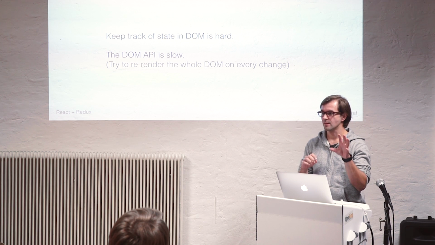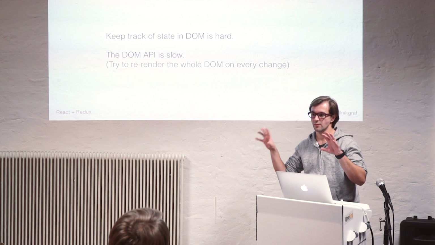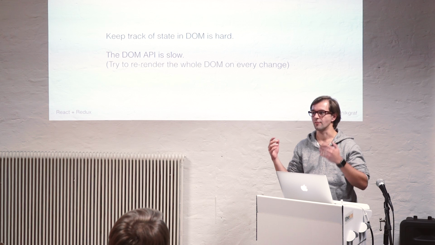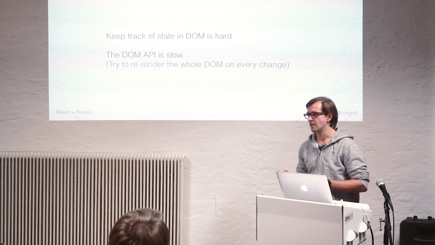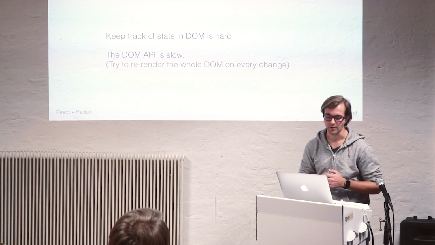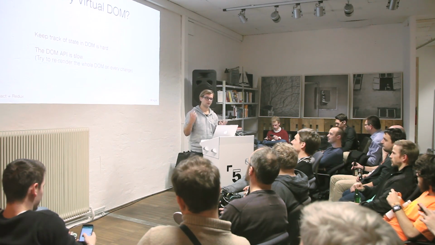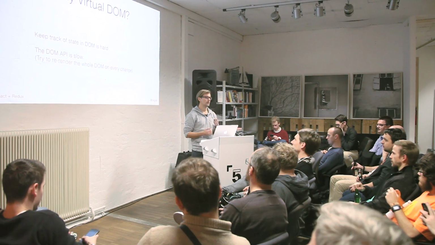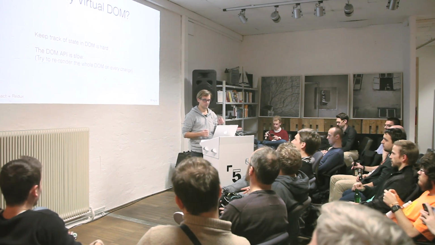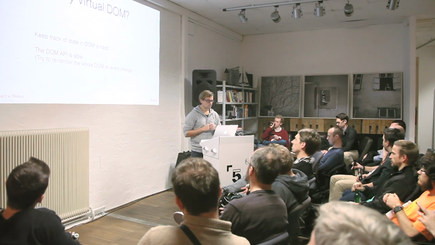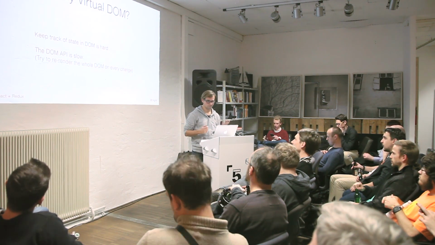And mapping your data model to the DOM is also really tough because you can't simply say re-render the whole page every time. Because you get immutable data. So it's really kind of nasty because the DOM is slow, and so we try to do DOM operations manually all the time. And that's kind of annoying because it's a really bad situation.